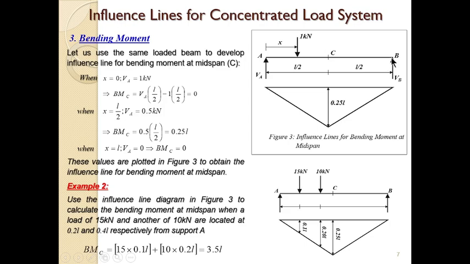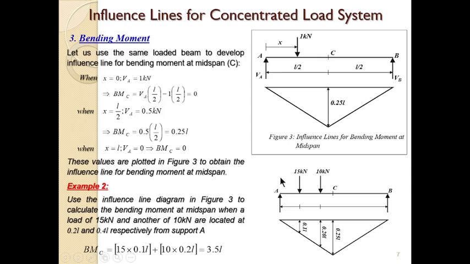And so the next is to take when x equals L. When x equals L, the 1 kilonewton load will be directly on top of VB. And so VA in that case will be 0. The bending moment there will be VA multiplied by the perpendicular distance. Since VA is 0, the bending moment will be 0.